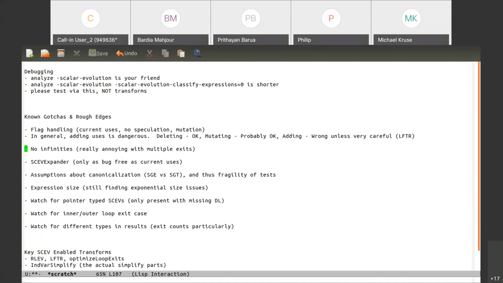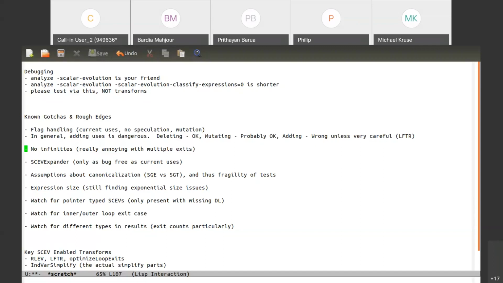So let's talk about SCEV expander. I mentioned SCEV expander earlier and what its job is, which is to take an expression that SCEV has determined to be loop invariant and produce a value outside of the loop that computes that same symbolic expression. The invariants between getLoopDisposition and SCEV expander are not well asserted and well documented.